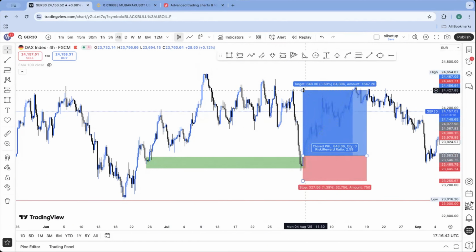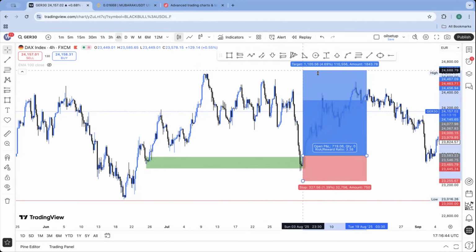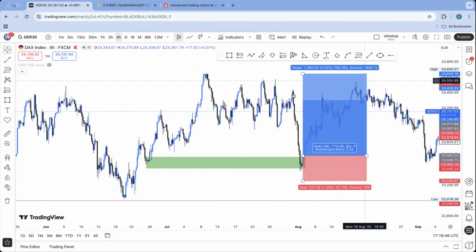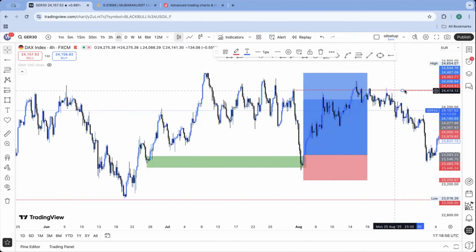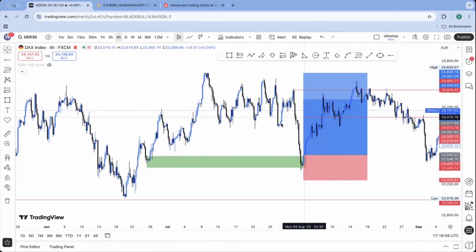Or you might as well target the major one and mark out these levels as our take profit levels, where we can take partials. Even here can be a take profit level.